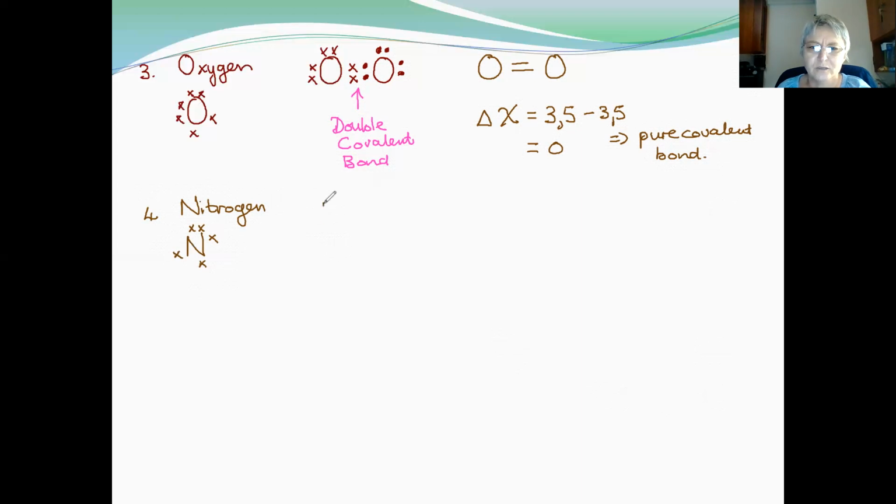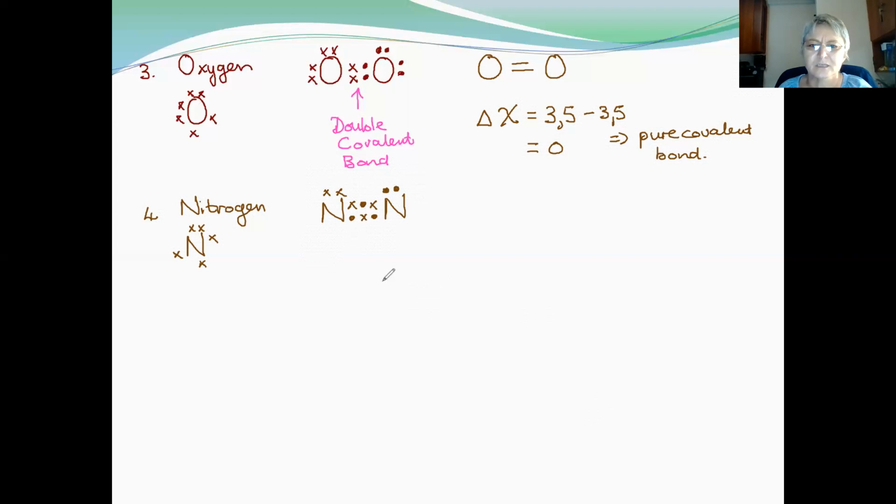So when 2 nitrogen atoms join up to form a chemical bond, those two atoms would share 6 electrons between the 2 atoms.